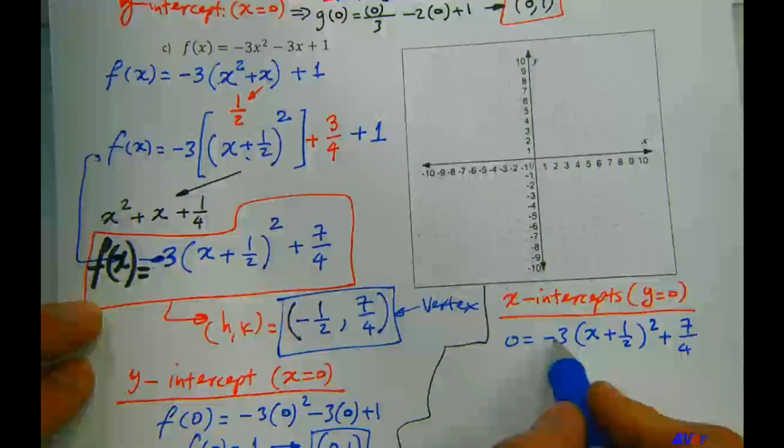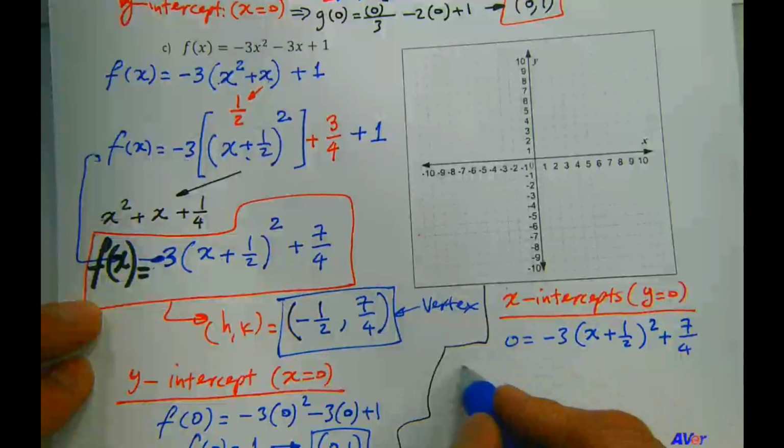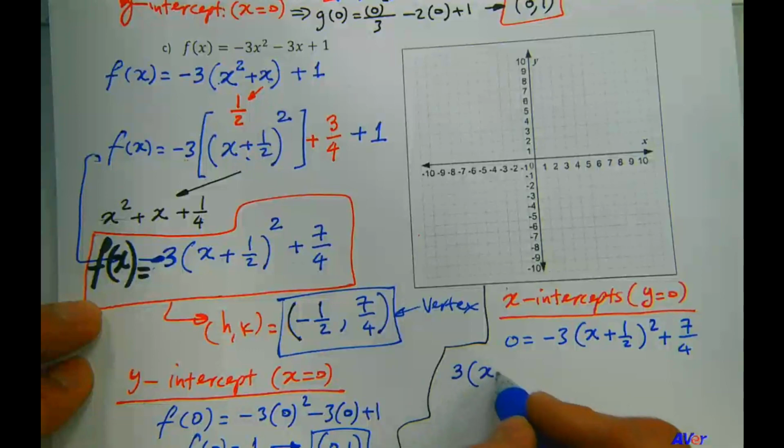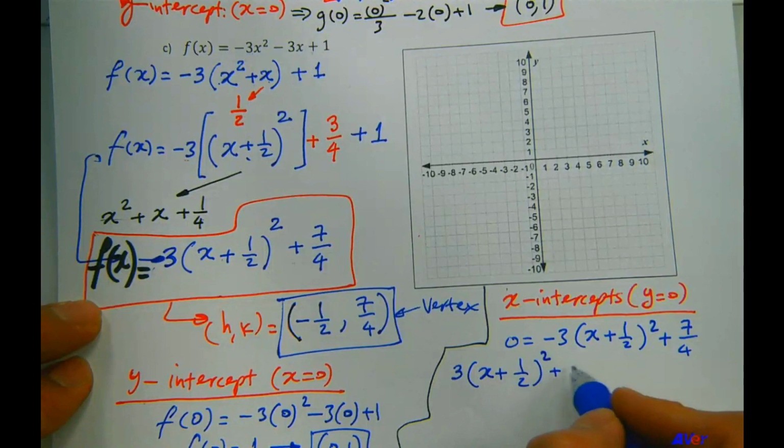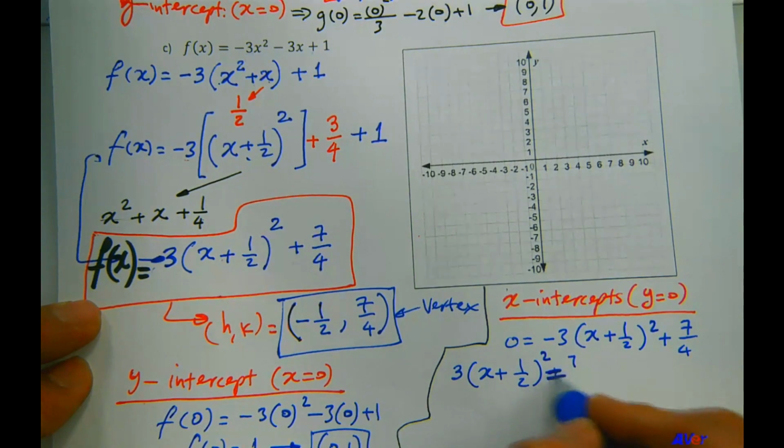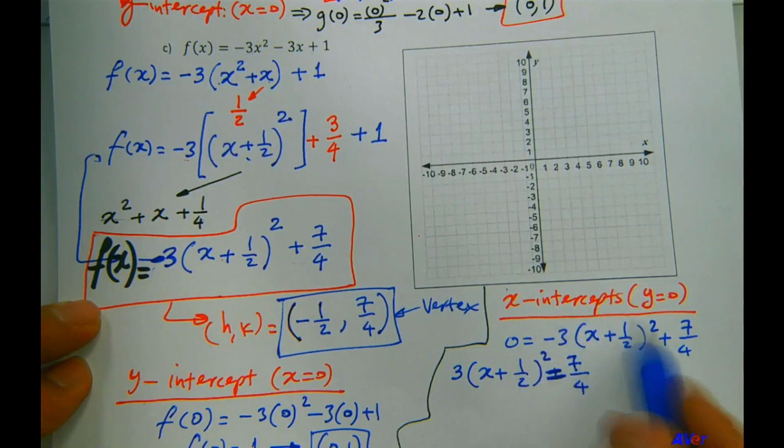In doing so, this minus coefficient becomes positive. So 3 times x plus 1/2 squared equals 7/4, right? We just moved this piece to the left.